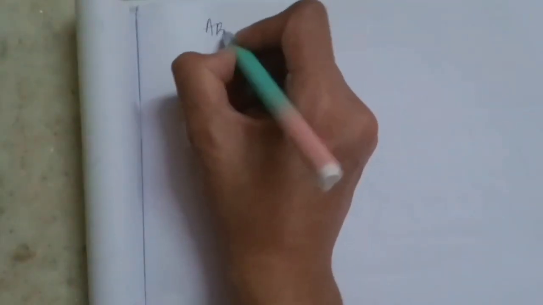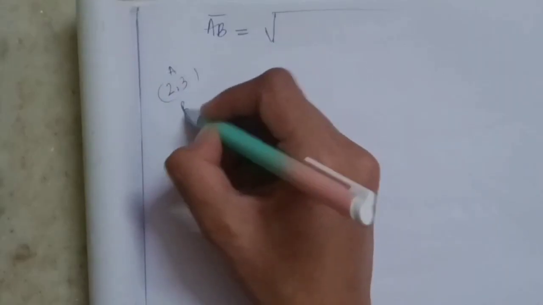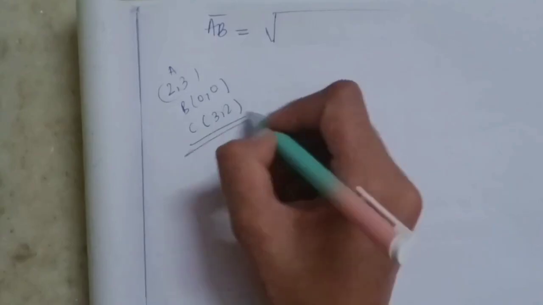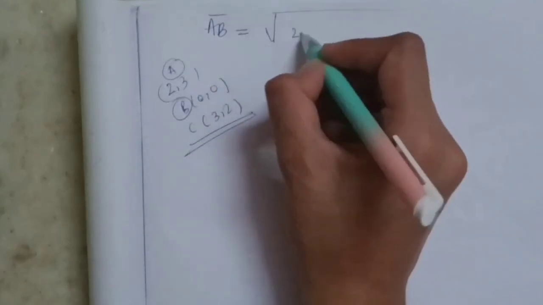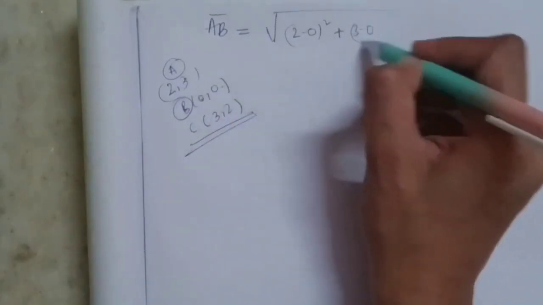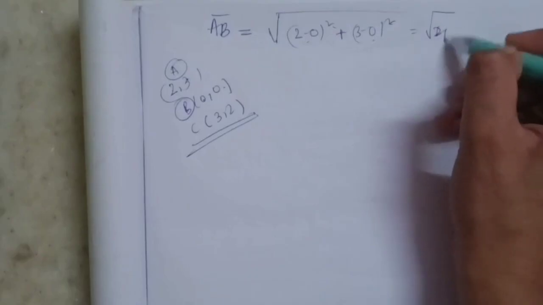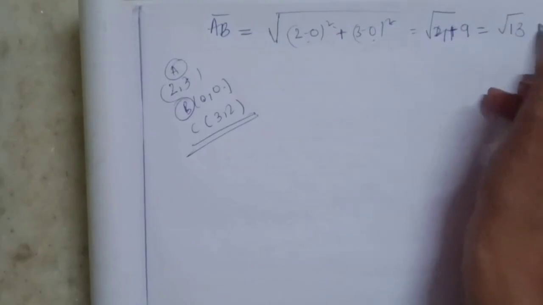Let us find the AB length. The difference between the x coordinates, 0 and 2, whole square, plus the difference between the y coordinates, whole square, which is 2 square plus 3 square, 4 plus 9, which is under root 13.